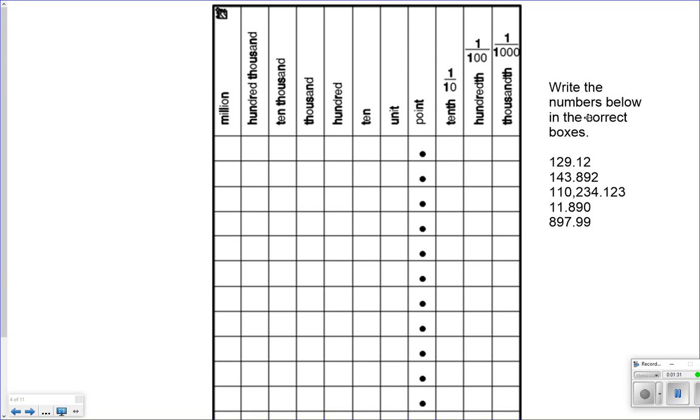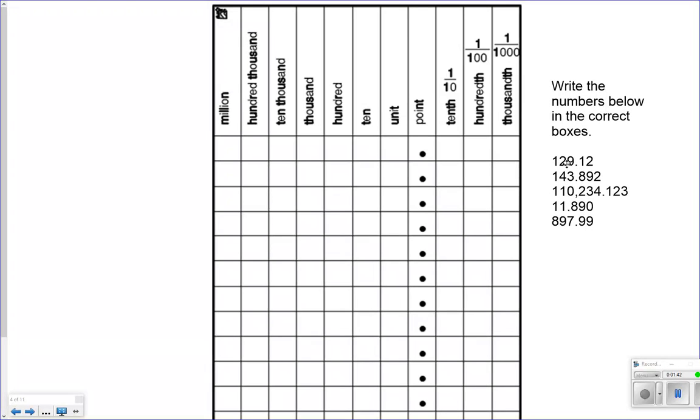Here, write the numbers below in the correct boxes. The first one, 129.12. Look with me while reading the number. We start with the whole part.